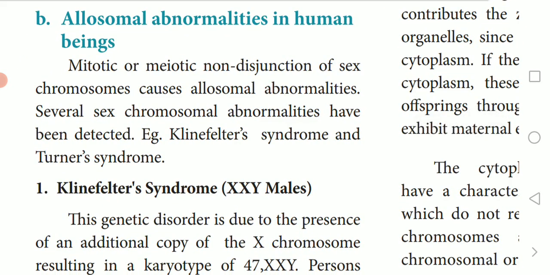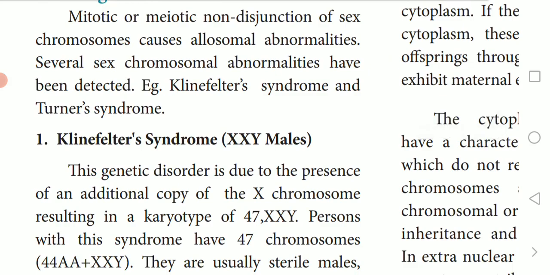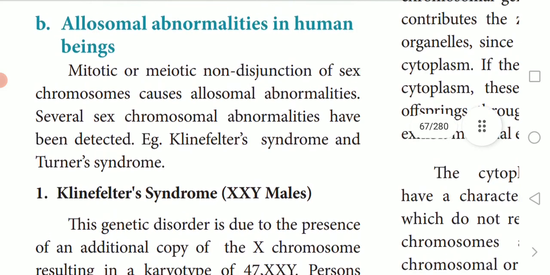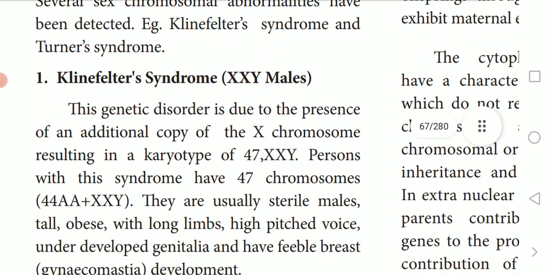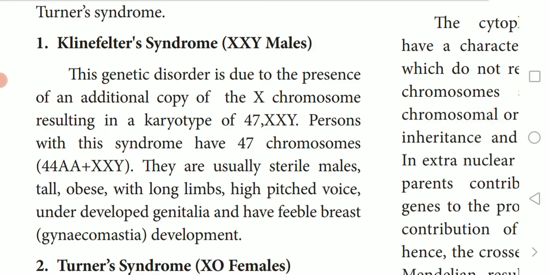As I told you earlier, up to 44 chromosomes are called autosomes. Allosome means the last pair, the 45th and 46th chromosomes. What diseases may be caused if the 45th and 46th chromosomes undergo defects?